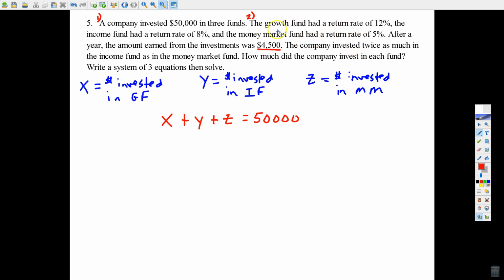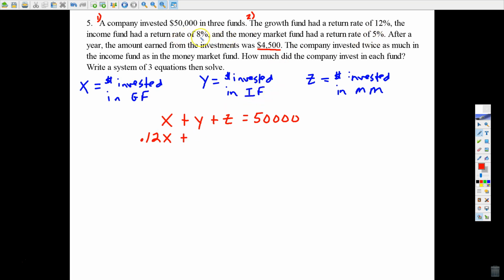So the way I write this next equation is I show 12% return, or I'm going to make 12% interest money on the amount that was invested in growth, and 12% as a decimal is 0.12. So this is how I show how much I made in interest off of that growth fund investment. And then I do the same thing with the income fund investment.